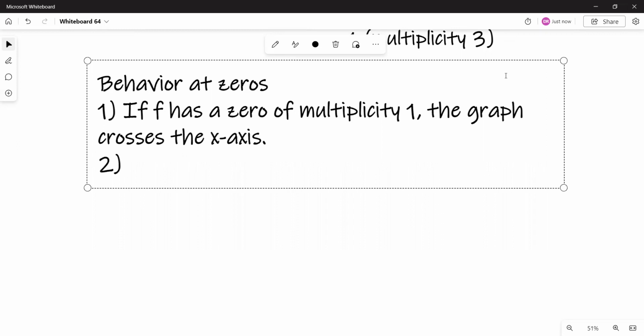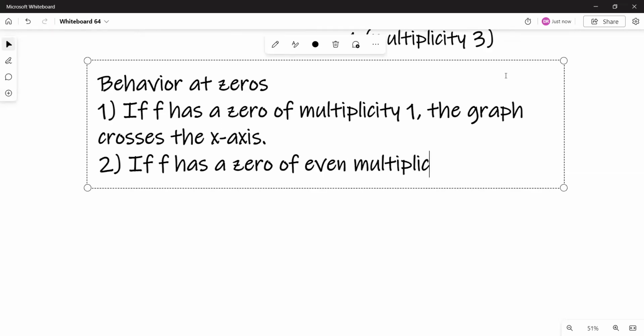If it has a zero of even multiplicity, not necessarily 2, but it can be multiplicity 4 or 6 or 8, and so on. If f has a zero of even multiplicity, the graph intersects but doesn't cross the x-axis.